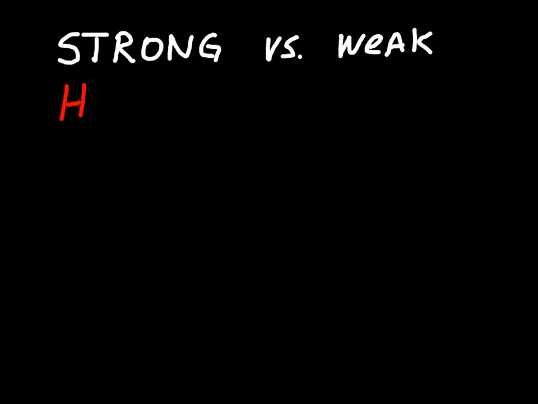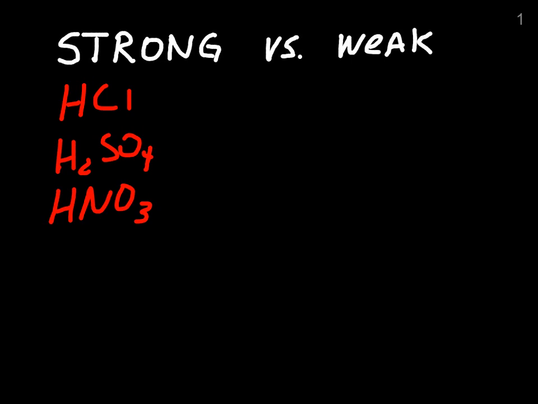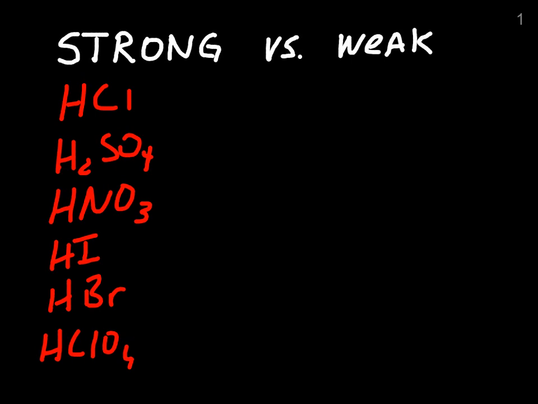Strong acids: hydrochloric acid, sulfuric acid, so two right there, nitric acid, hydroiodic acid, hydrobromic acid, and HClO4, which is perchloric acid. So these are the common strong acids.